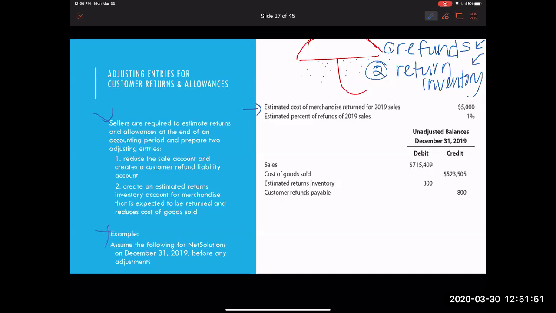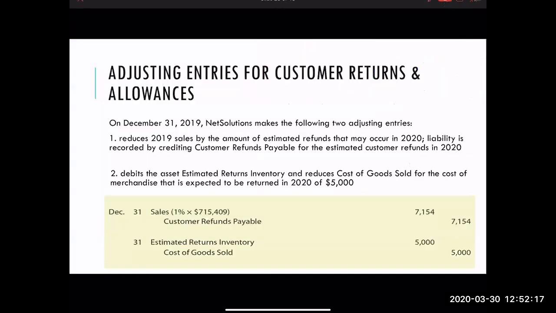And then they estimate that their percent of refunds for the 2019 sales will be 1%. So out of 100% of their sales, they think maybe 1% will have refunds, okay? So this is all of the information that we have. From there, we're going to create these adjusting entries.